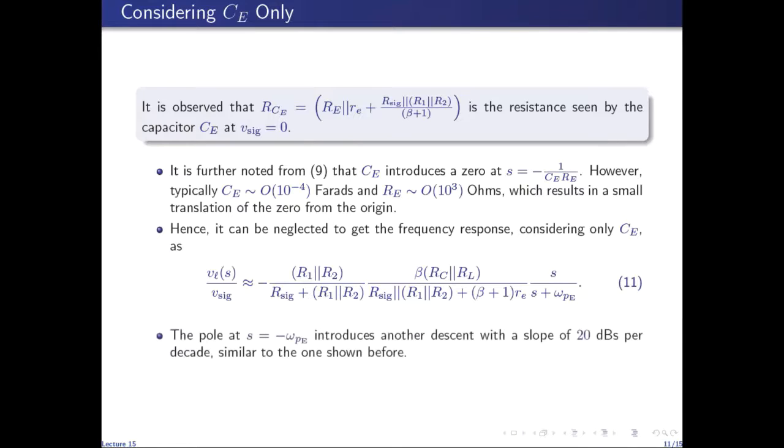So the pole frequency introduced by the bypass capacitor CE gives another descent in the magnitude response of the amplifier with a slope of 20 dB per decade, similar to the one I showed earlier.